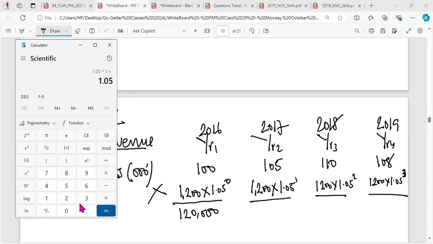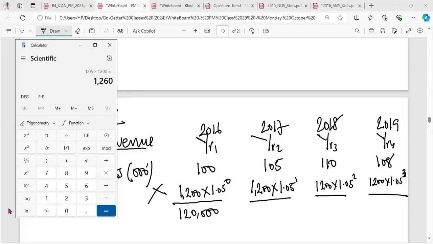If you multiply that by 1,200, it gives you 1,260. So it means 5% of 1,200 is 60. Add it to 1,200, that is 1,260.